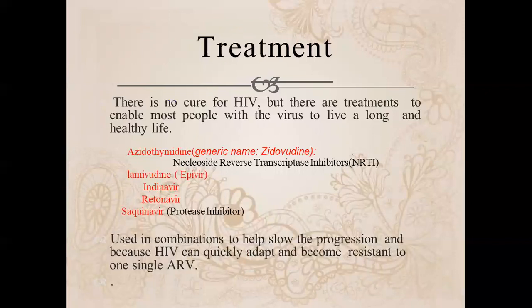Then lamivudine, that is Epivir, and indinavir, ritonavir and saquinavir, which are protease inhibitors, used in combination to help slow the progression, because HIV can quickly adapt and become resistant to a single antiretroviral drug. So we have to use a combination of drugs where it cannot quickly adapt to the drug reaction. All these forms will be given in combination frequently.